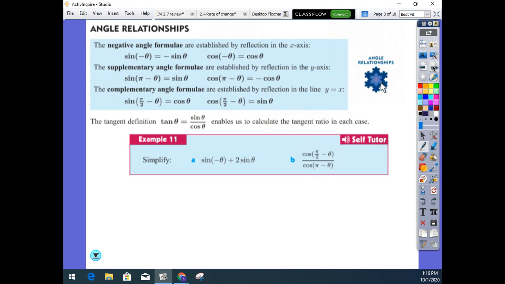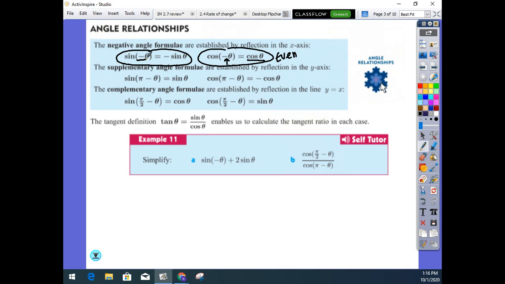So these are just several different angle relationships. I don't know that I would write all the words. I would focus on this. The negative angles, this is really just even and odd because cosine is even. If you plug in negative theta, it just makes it positive.